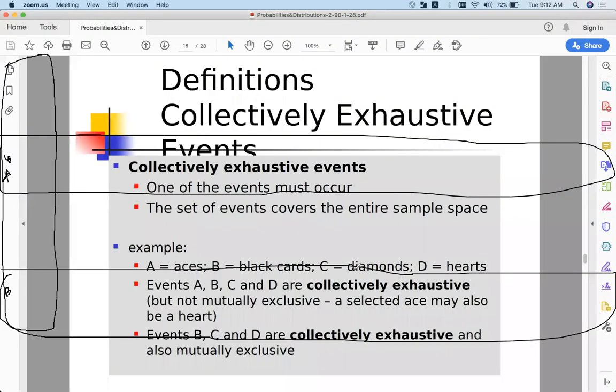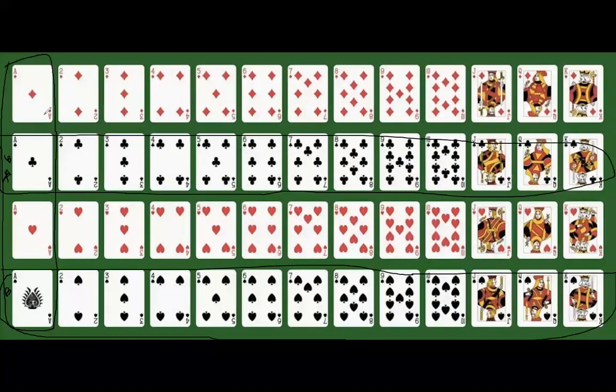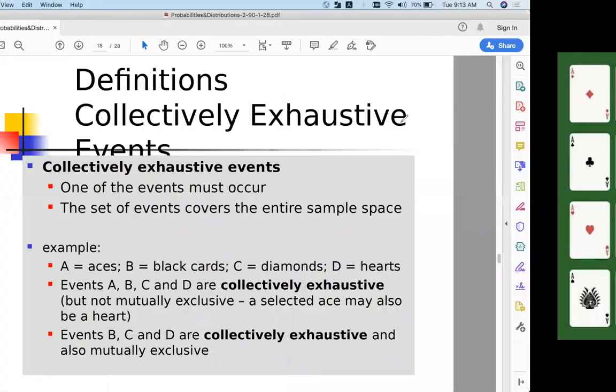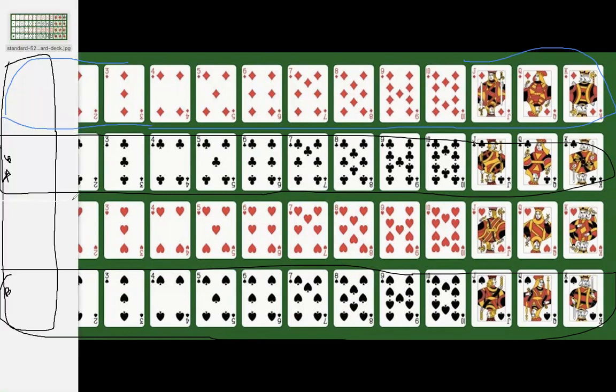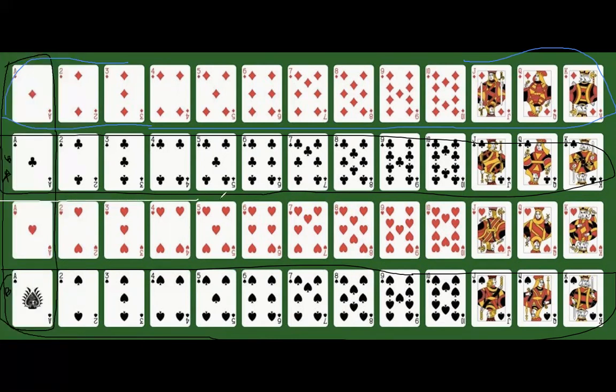Now what about C? C is diamonds. So C is red. Let me pick. This is diamonds, so the one in the blue color is event C. Now what is the last one? D is hearts. So if I pick hearts, this is your event D in the white color.